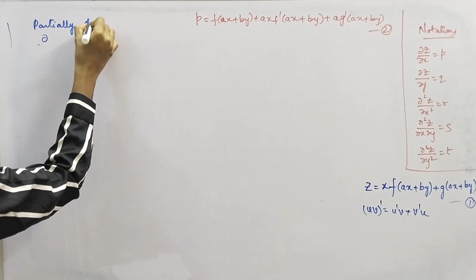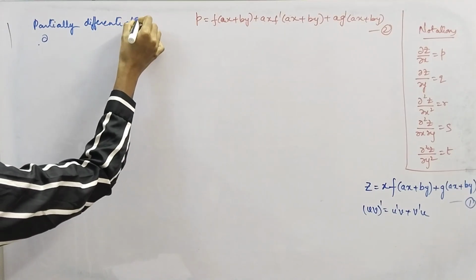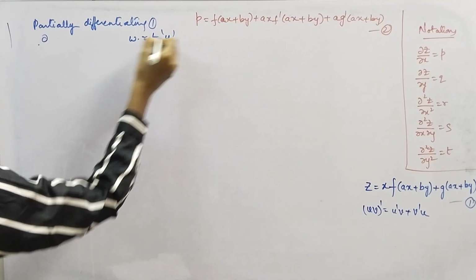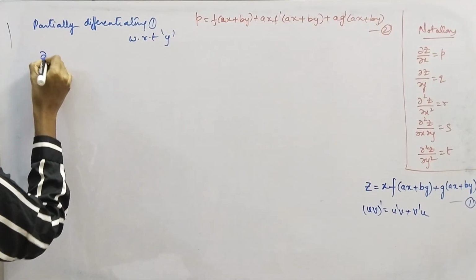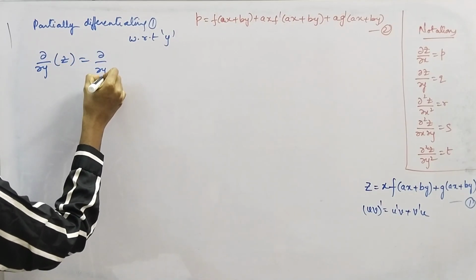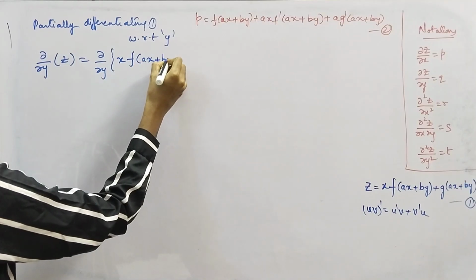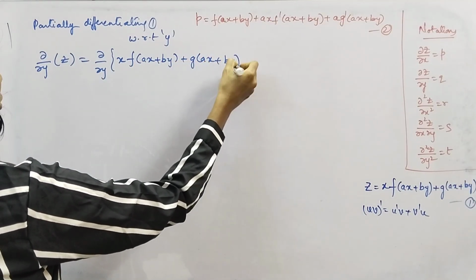Partially differentiating 1 with respect to y. We'll get dou by dou y of z equal to dou by dou y of x into f of ax plus by plus g of ax plus by, right?